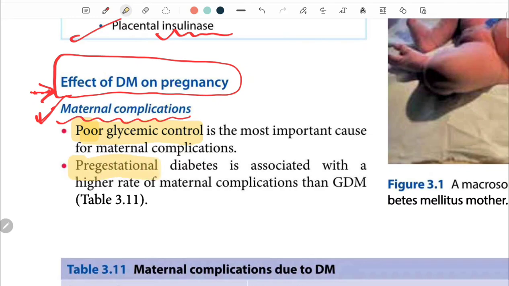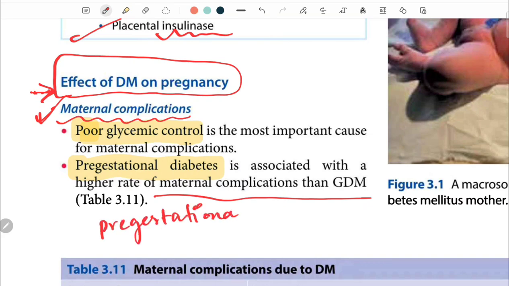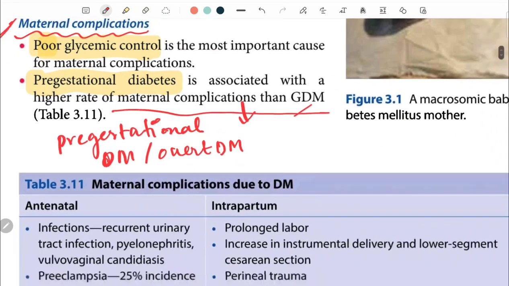Pre-gestational diabetes, or overt DM, is associated with a higher rate of maternal complications than GDM. Very important.